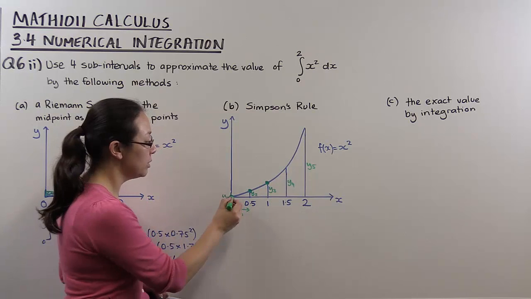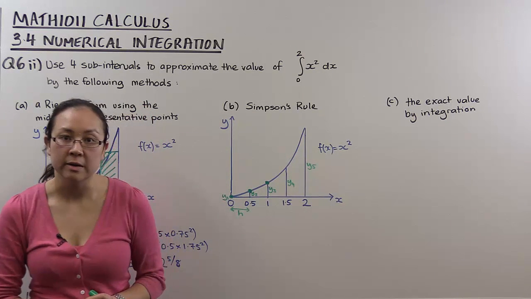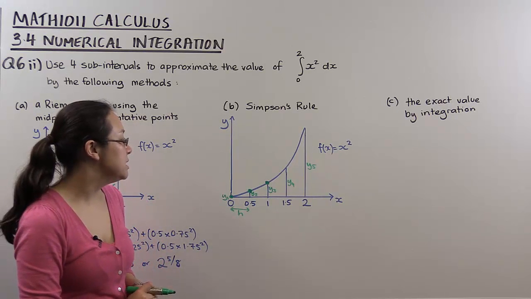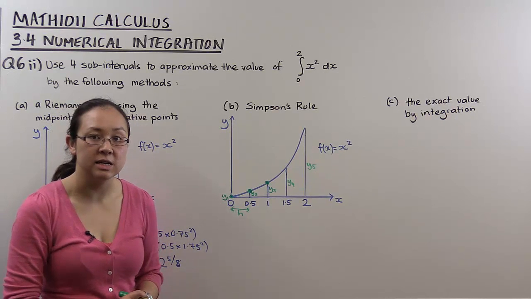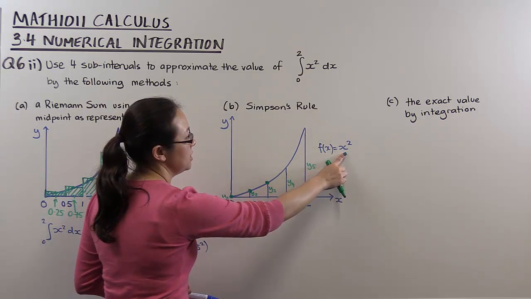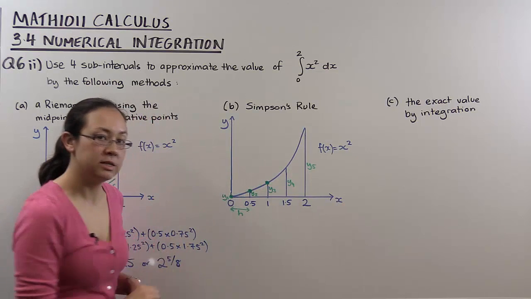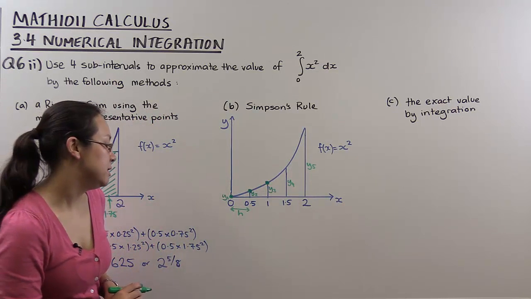Now, the only parabola that's going to go through these points is in fact the parabola x squared. So Simpson's Rule in this case is actually going to give us an exact answer, because we're just finding the area under a parabola here, and Simpson's Rule uses parabolas to estimate areas.